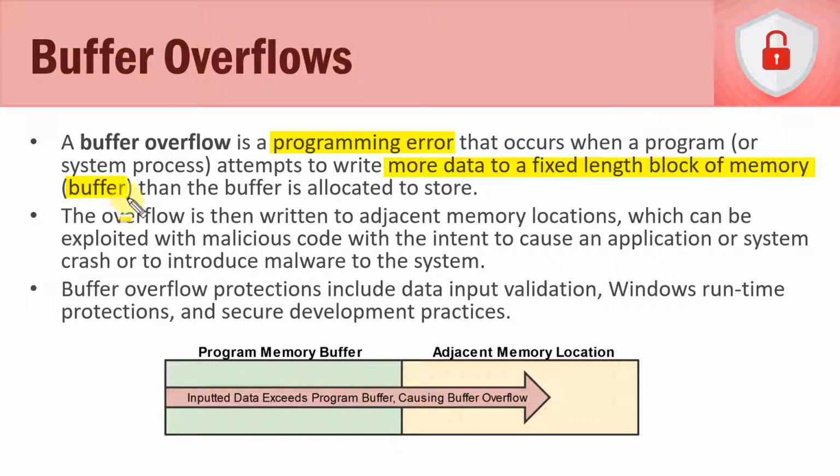So a buffer, a fixed length block of memory, is designed to only hold a certain amount of memory. And if we try to shove more memory in there than it can hold, we're going to have an overflow into an adjacent memory location. So when an overflow occurs, this data is written to the adjacent memory locations, and this can then be exploited.